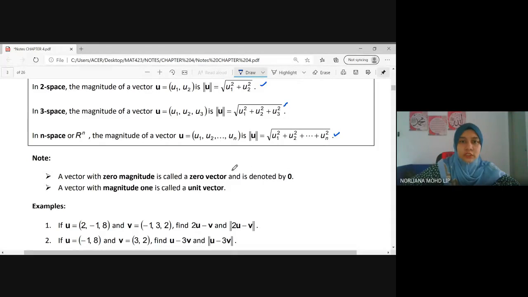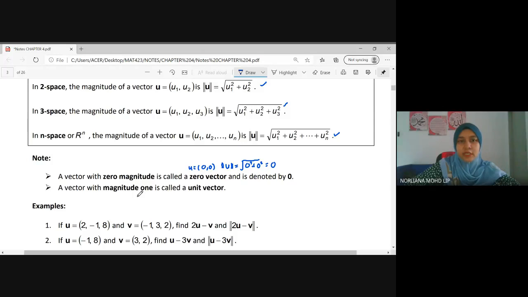The zero vector has zero magnitude. For example, let u be the zero vector (0, 0). So the magnitude of u equals the square root of 0 squared plus 0 squared, which equals 0.